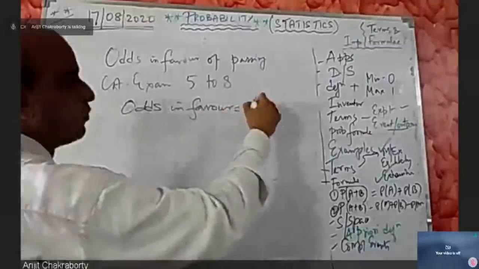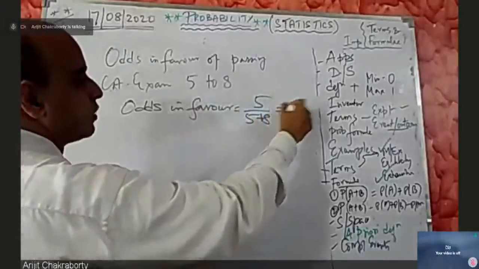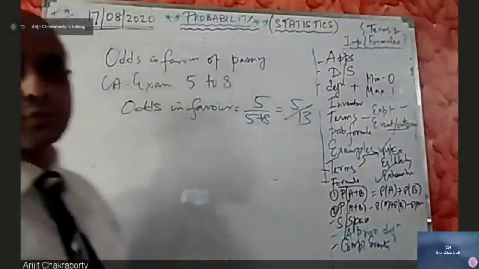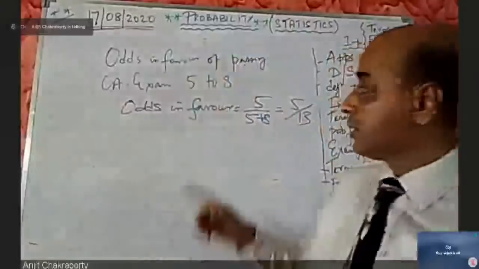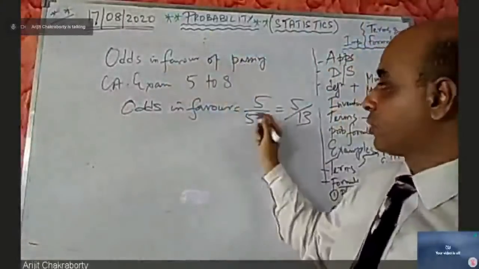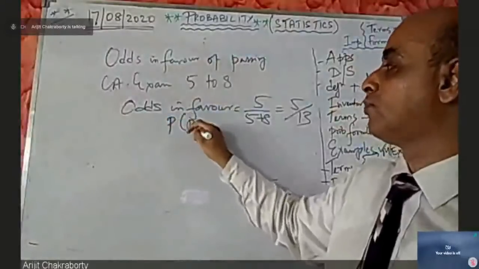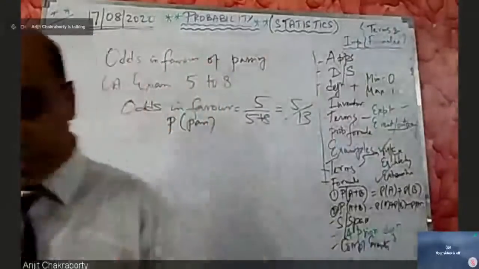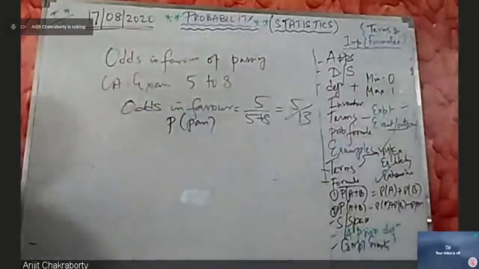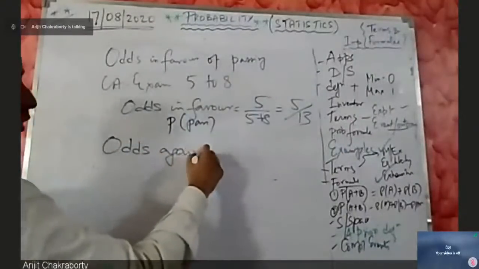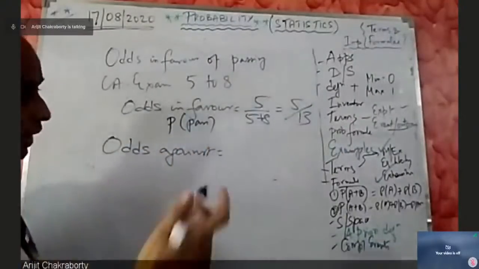The probability will be 5 divided by 5 plus 8, that is 5 by 13. Odds in favor means the odds in favor of passing, so the probability of passing will be this. And the odds against means the probability of failing.